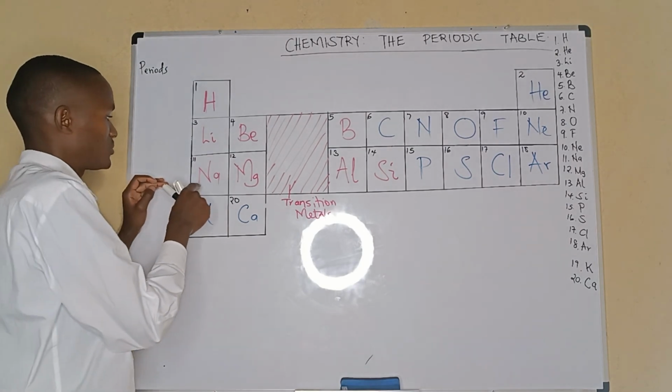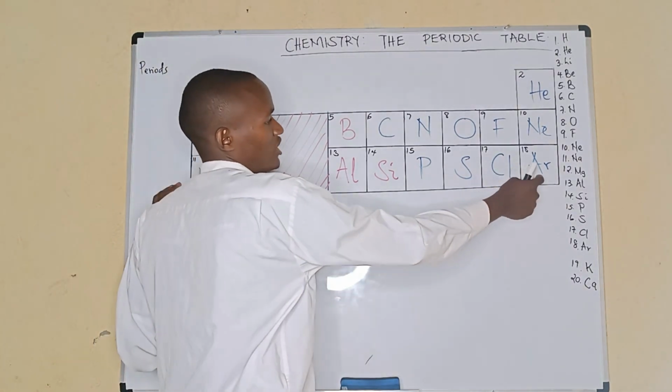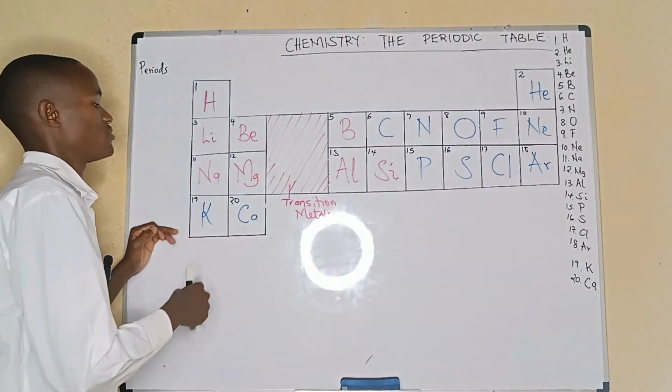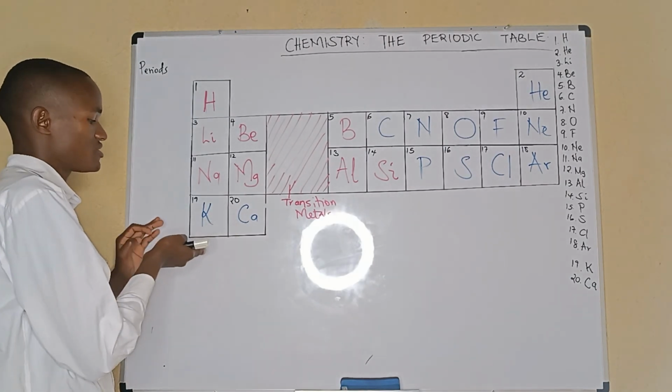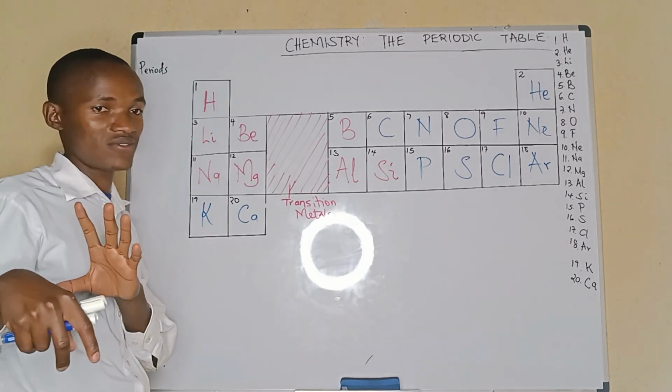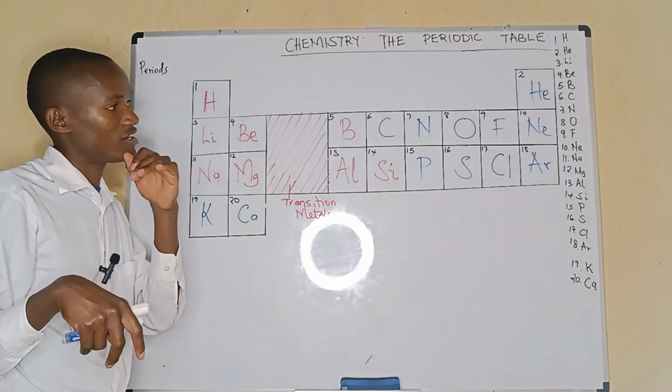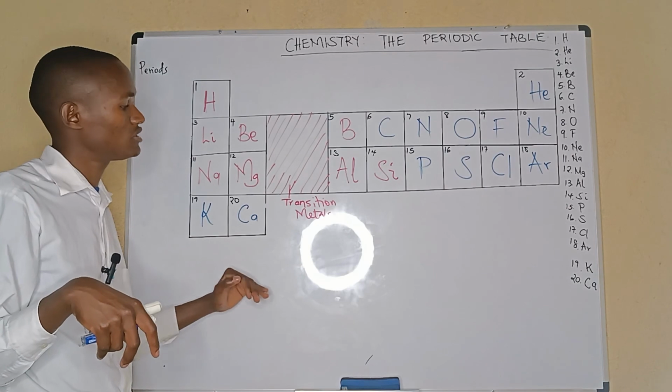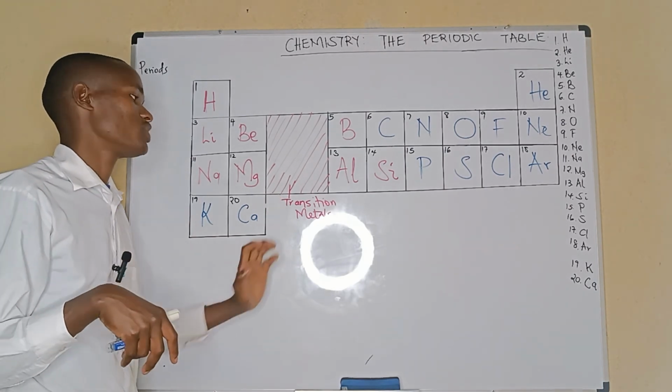Period 3, from sodium all the way to argon, that will be period 3. And we'll be having period 4. And it continues like that, period 5, 6, as you saw in a photograph for other periods, but for now I'll be running up to period 4.